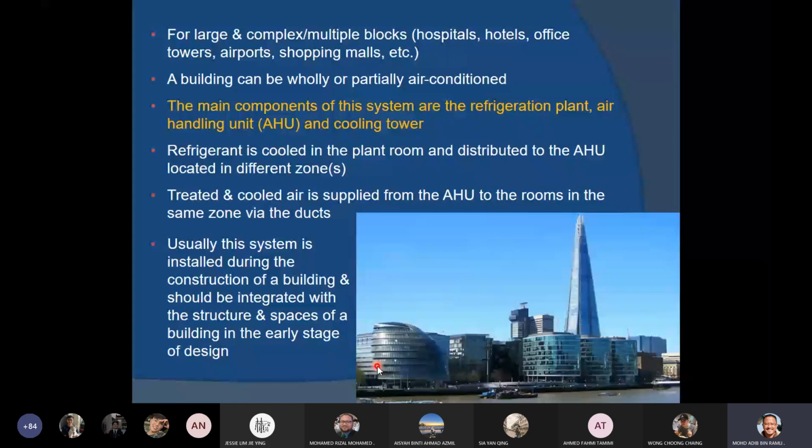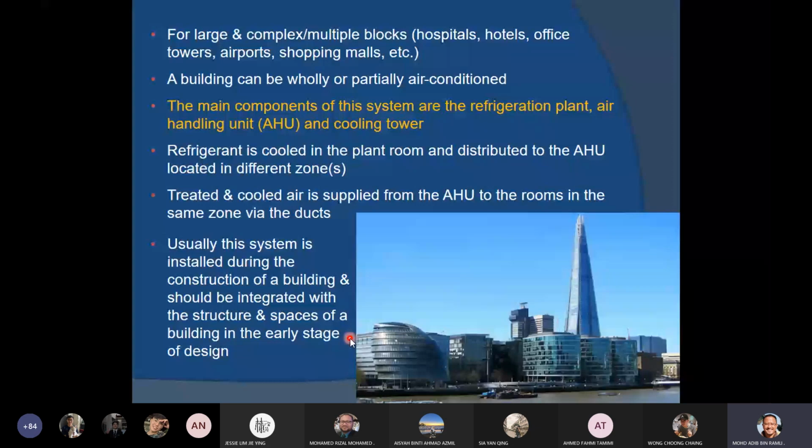It's different from the other air conditioning systems that you have learned previously, which can be installed later on. You can build a house first. Maybe when you design the house, you don't think that the client wants to use aircon. Maybe at first the client says, I don't want to use aircon, I just want to use natural ventilation, I'm a green person.